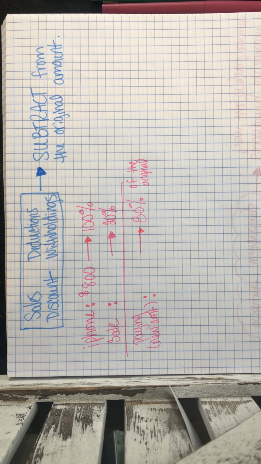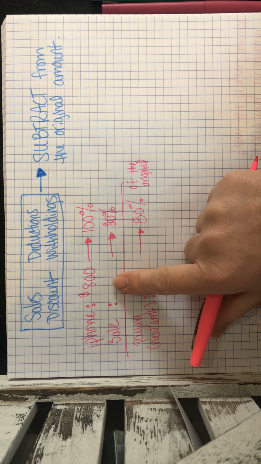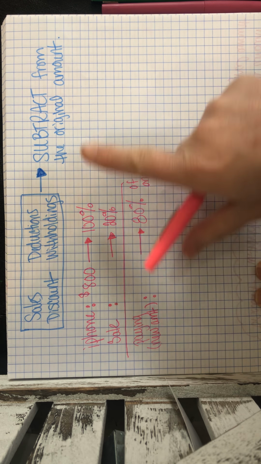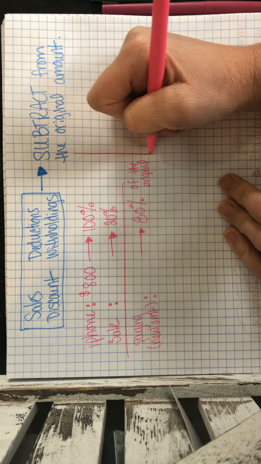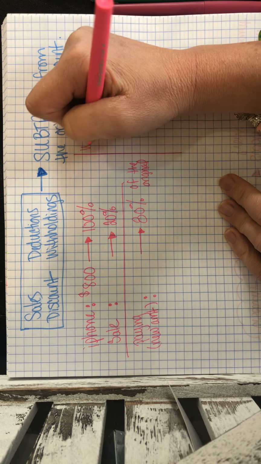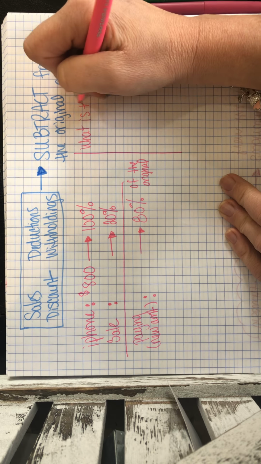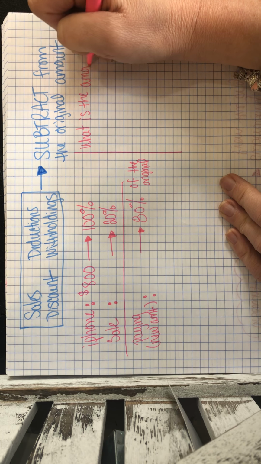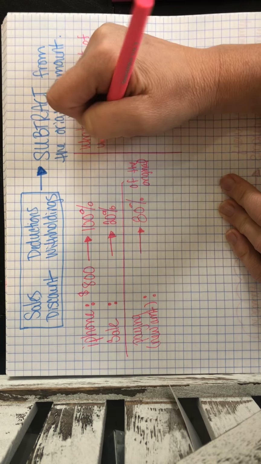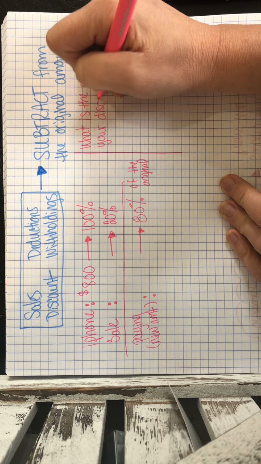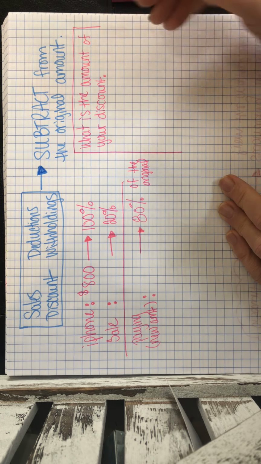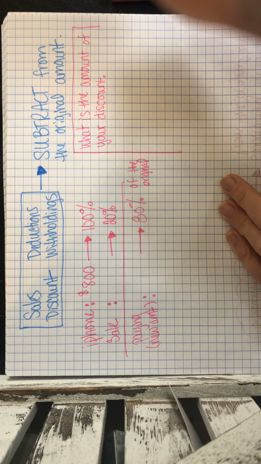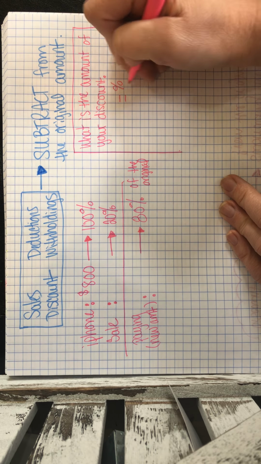So if we wanted to know just how much the sale was, we could set up our proportion. So if we want to know what is the sale amount, the amount of your discount, not the new price, but just the amount of the discount, we are going to use our proportion, our percent over 100.